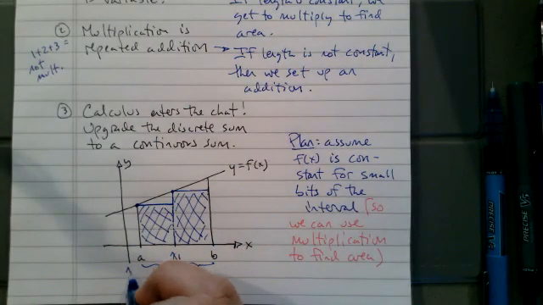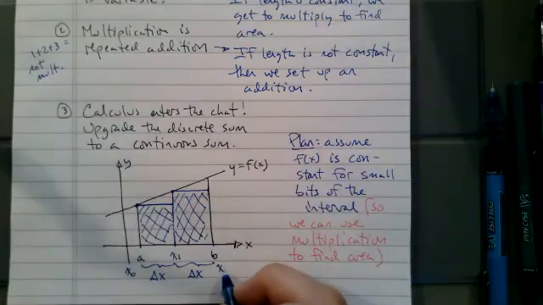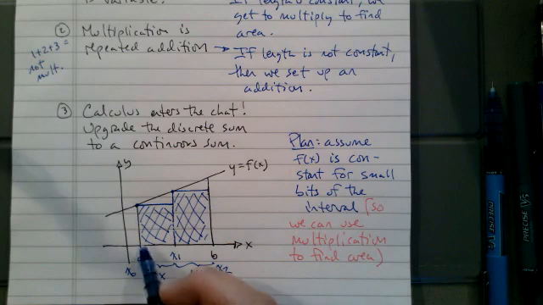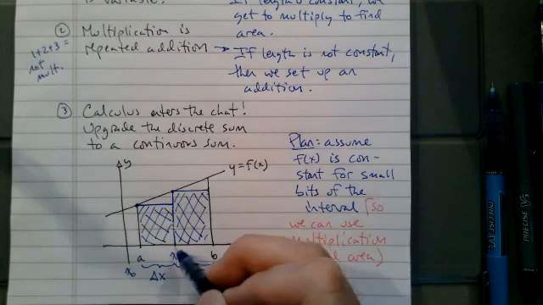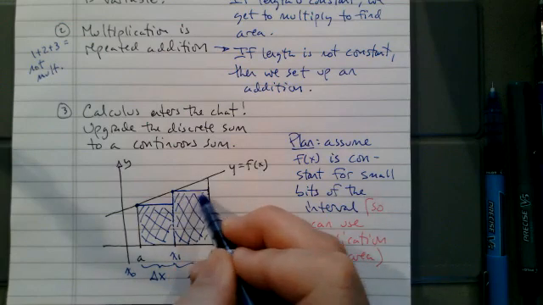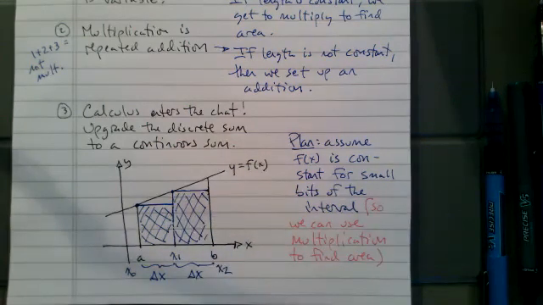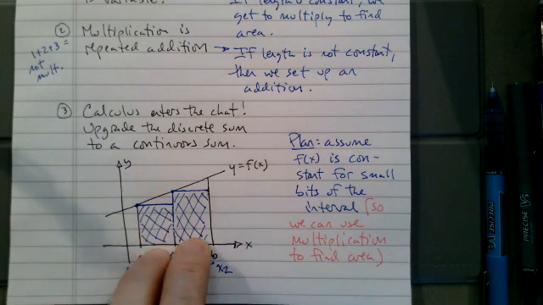If a is equal to x naught and b is equal to x2, I could say that this first area is f evaluated at x naught, that's the length, times the width, delta x. And I'll just add up the area: f at x1 is the length of this rectangle, and the width is delta x. So I evaluated the function at one point and another point, and I added up the area of the two rectangles.